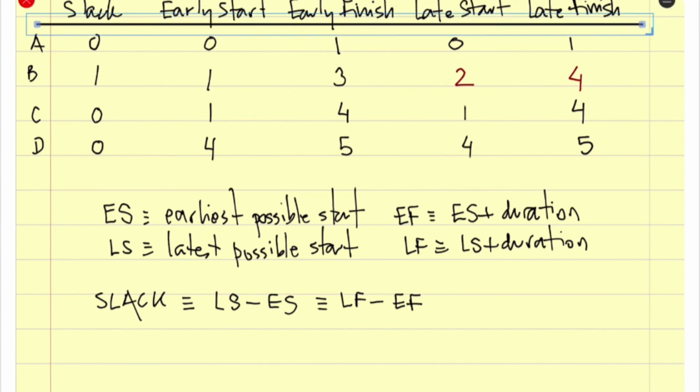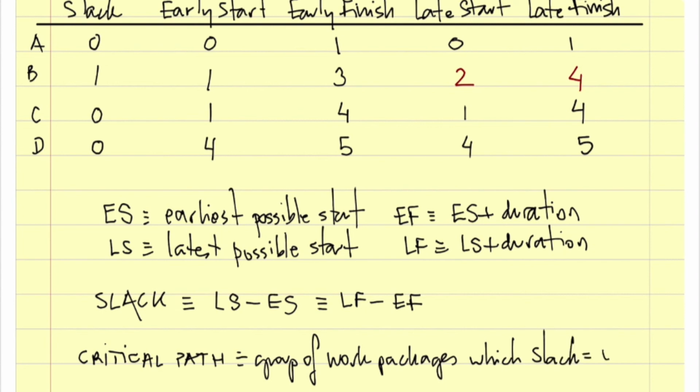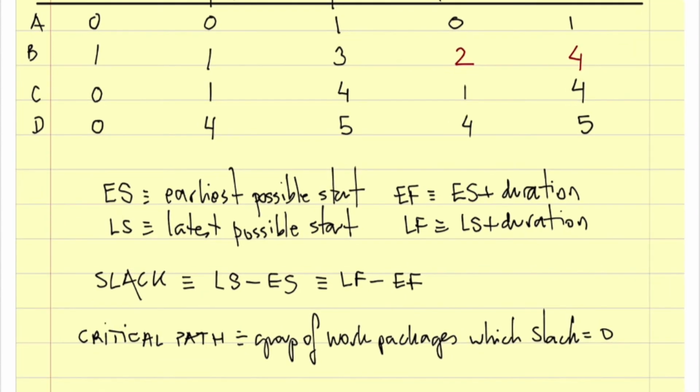The fact of the matter is that the critical path of the project is the group of work packages which slack equals 0. So here the critical path of this project is A, C, and D.